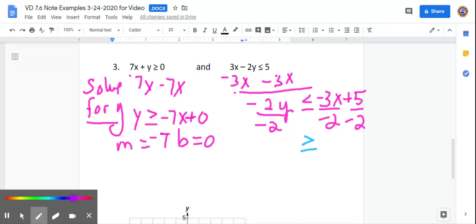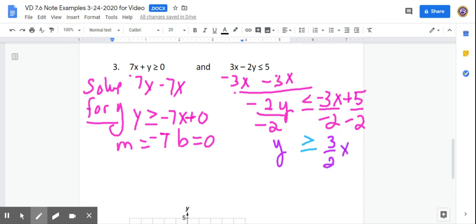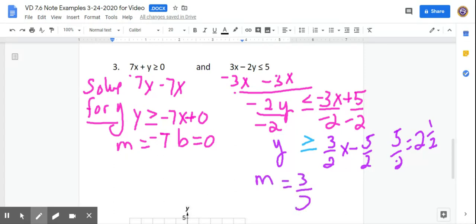Okay? So then it's y is greater than or equal to, a negative divided by a negative is a positive, and a positive divided by a negative is a negative, so 5 over 2. Remember that 5 over 2 equals 2.5. Okay? All right, so our slope is 3 over 2, and our b is 2.5.